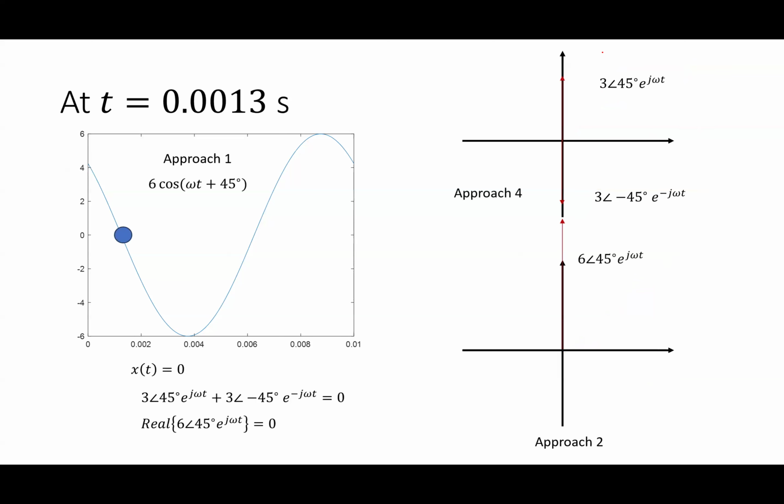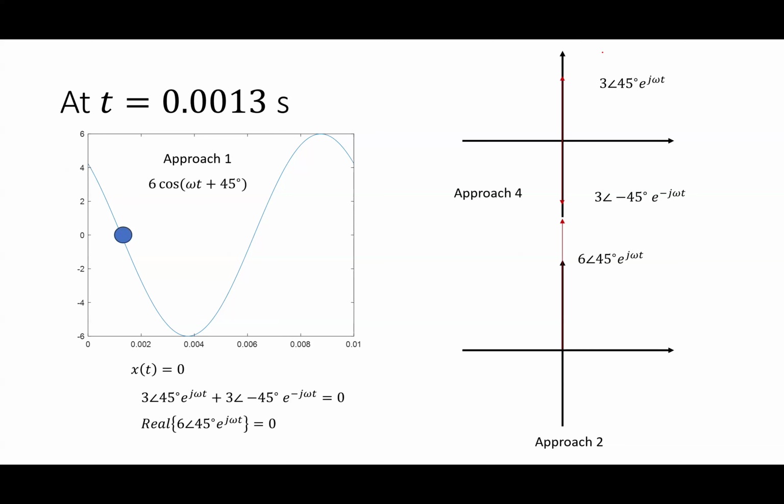Now let's say I choose this time, t equal to 0.0013 seconds. If I plug that in, I find that at that particular time the cosine function is equal to 0. So what does that mean?